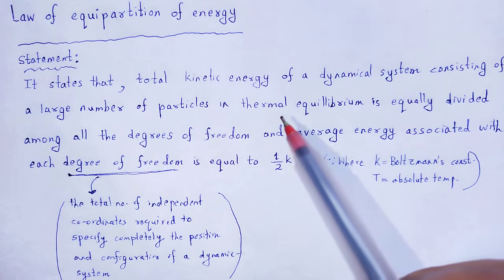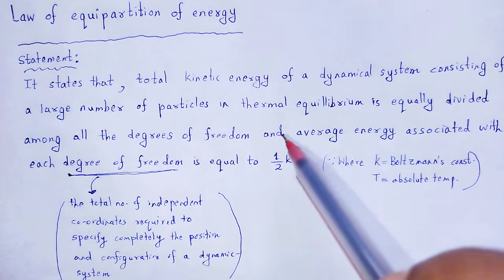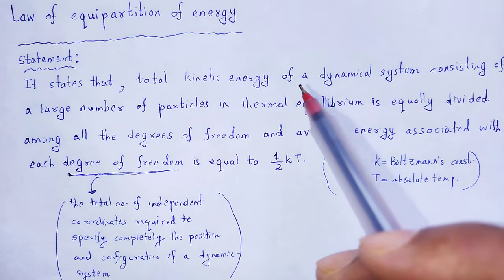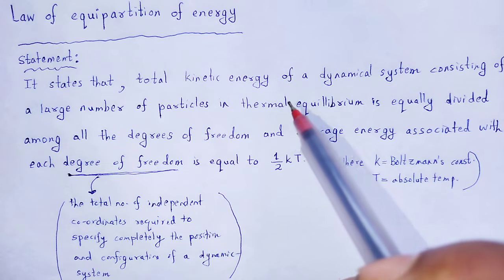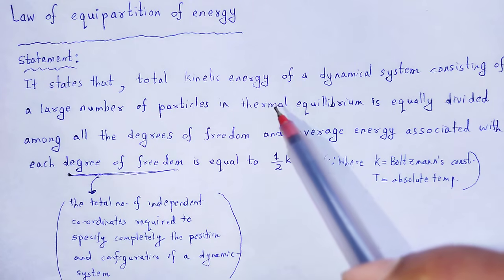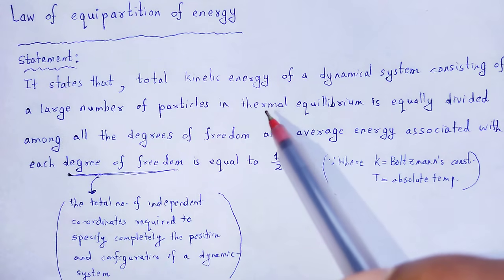Again, if a particle moves in a two-dimensional plane, to specify its position we require two coordinates, therefore its degrees of freedom will be 2.